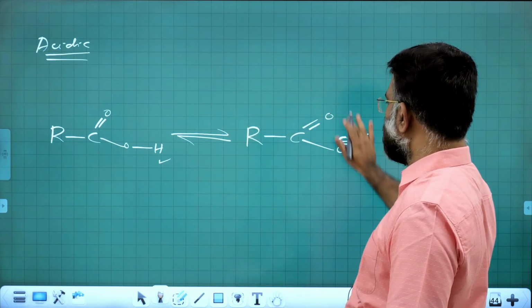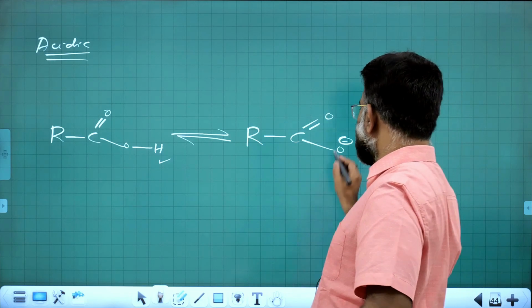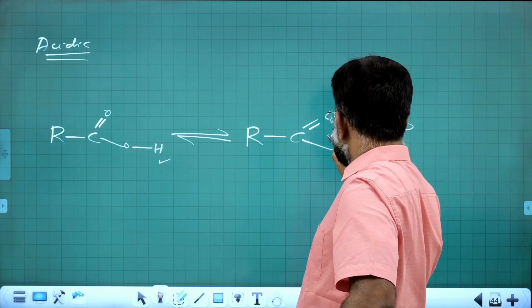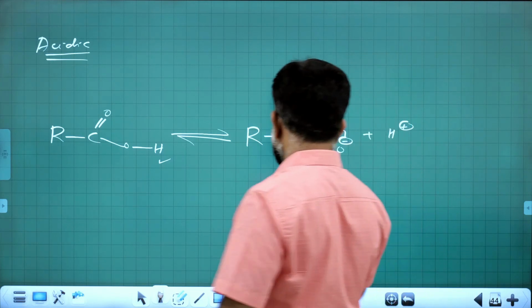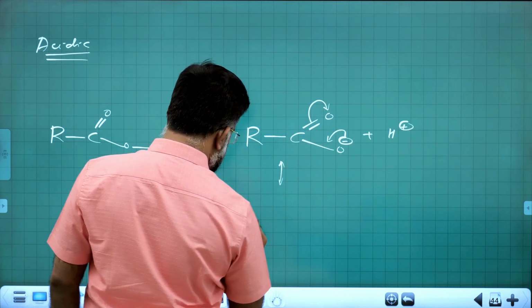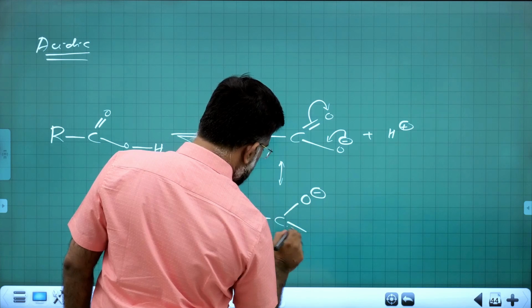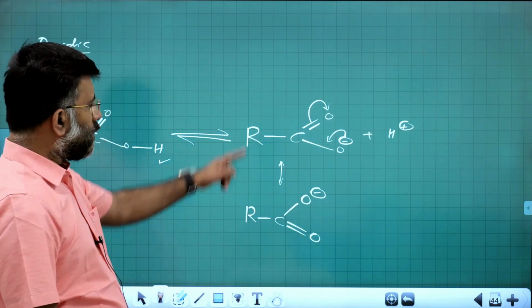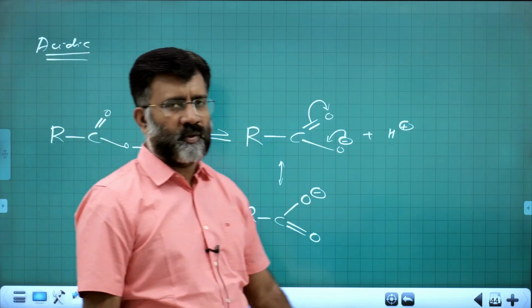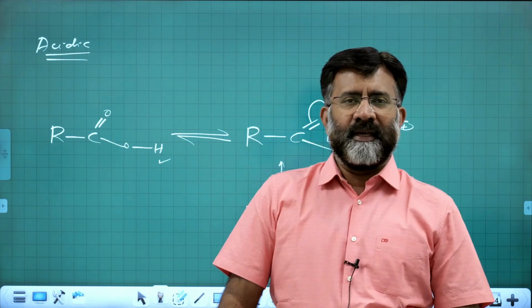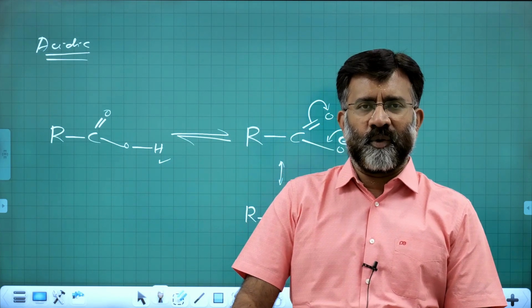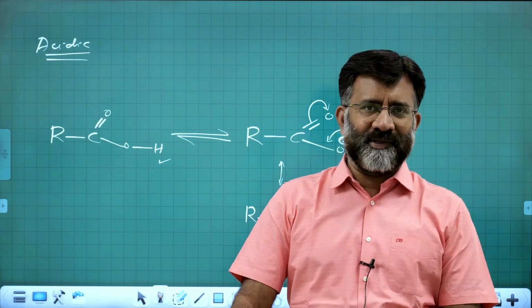This can undergo stabilization. This can give resonance stabilization, giving equivalent structures. You get RCO minus like this. So the two equivalent structures due to resonance stabilization are the reason for the reasonably good acidic nature shown by carboxylic acid.